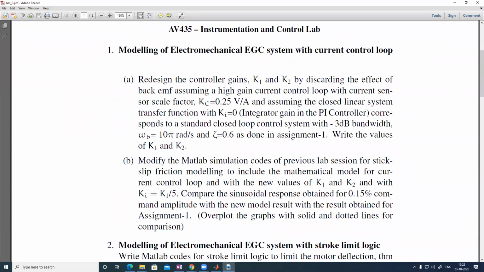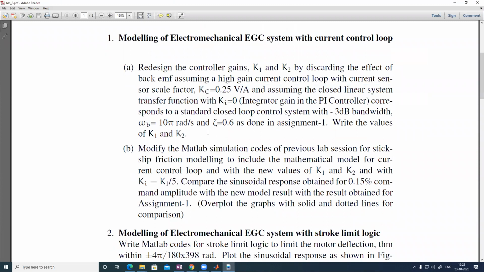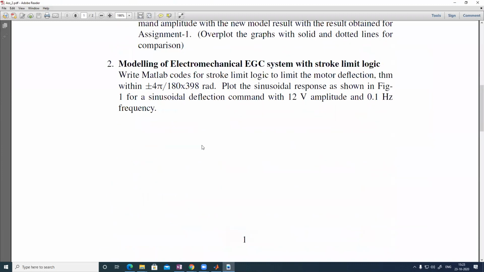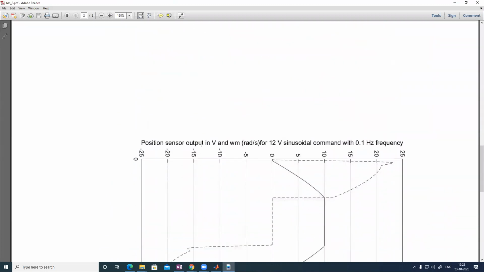So you have to model the electromechanical system with a current loop. So the current loop you have to add, and the Kc value is given. This model graph also is given.